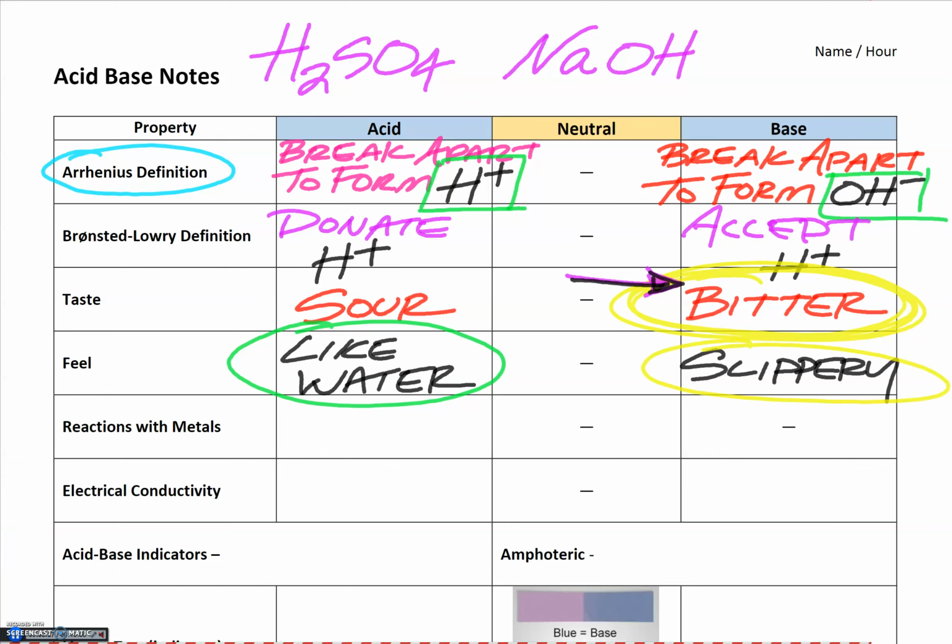Now, reactions with metals. This is not going to come up a lot, but some metals are going to react with acids to form hydrogen.